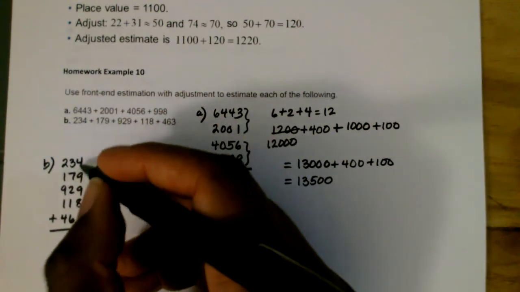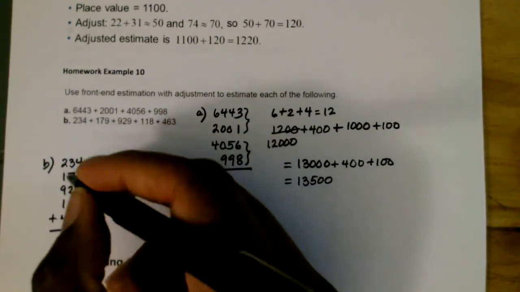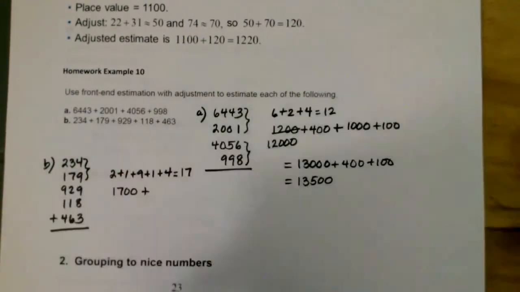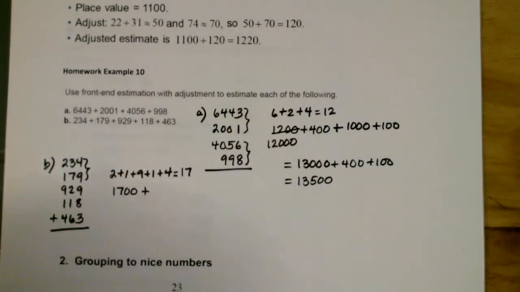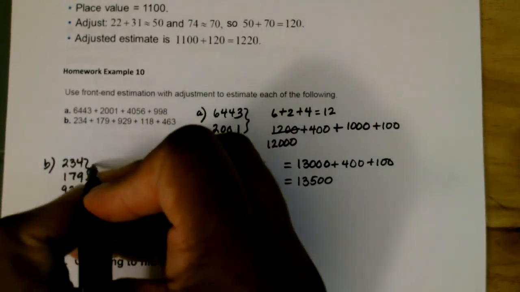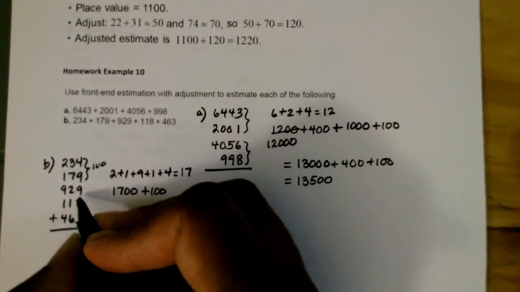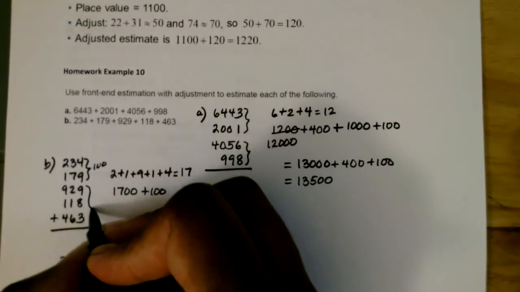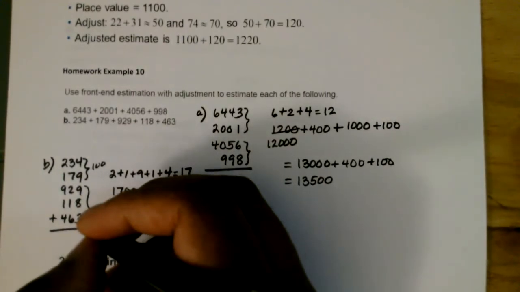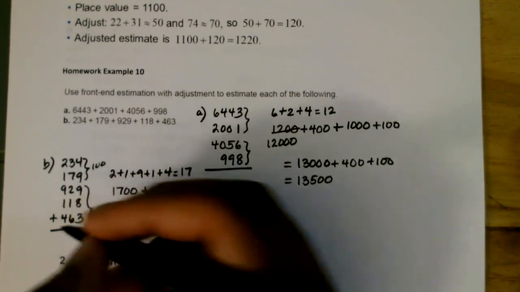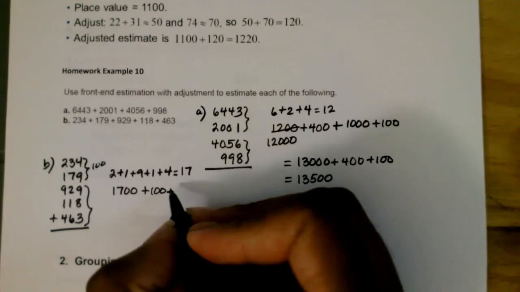Now, let's look at these numbers here on the right, like 34 and 79. That's close to 100. And then 29, 18, and 63. Well, no, that's 47, 63. That's also close to 100.